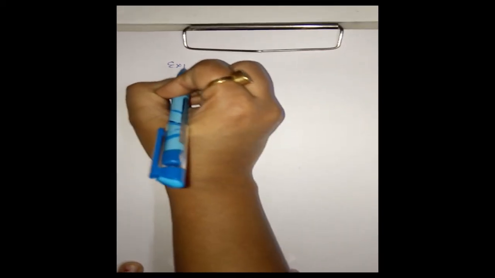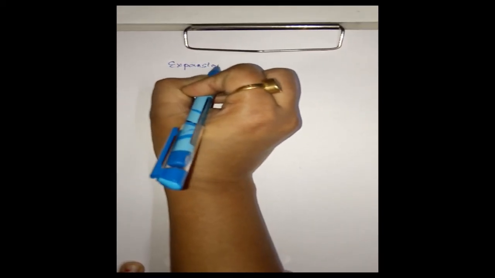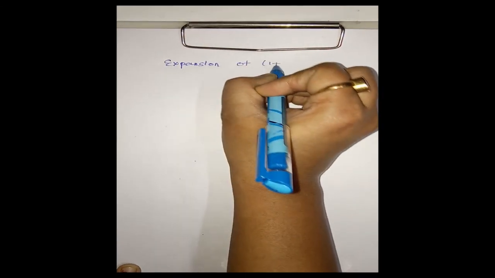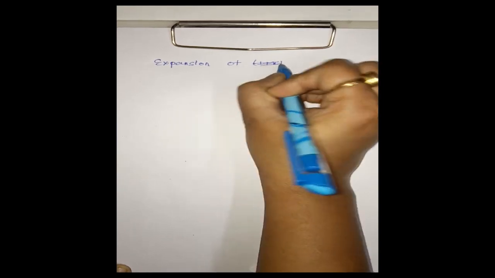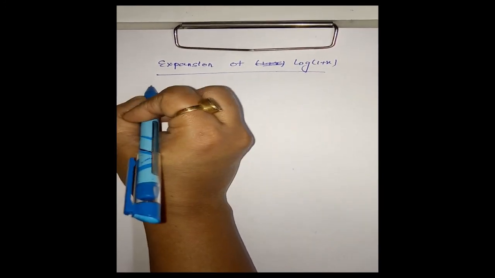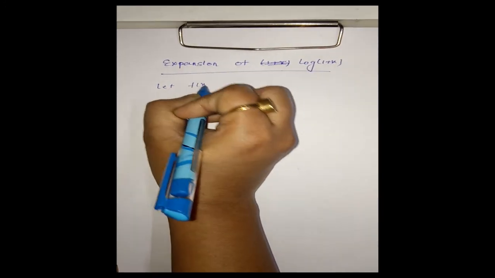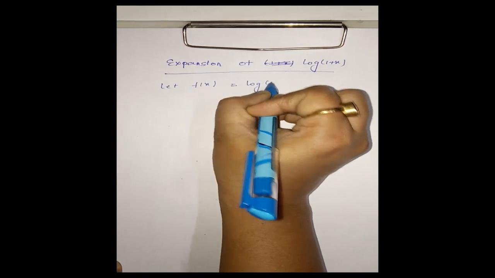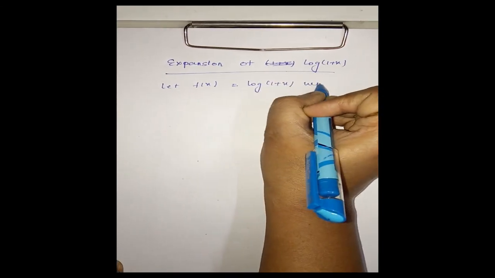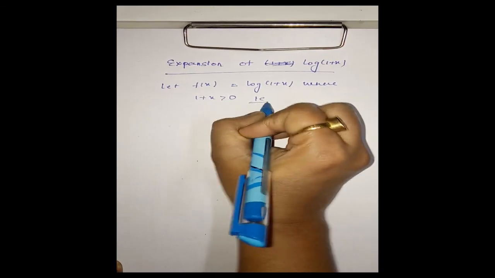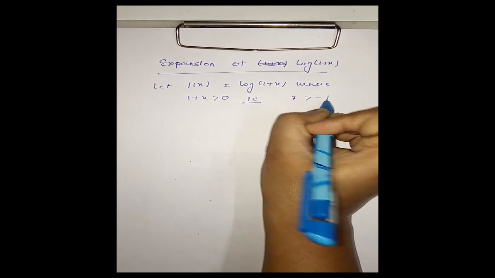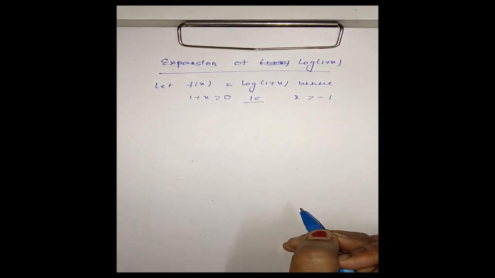Now we will find the expansion of log (1 plus x). Okay, now we will find the expansion of this. Now let f(x) is equal to log (1 plus x), where 1 plus x is positive, that is x is greater than minus 1. Okay.